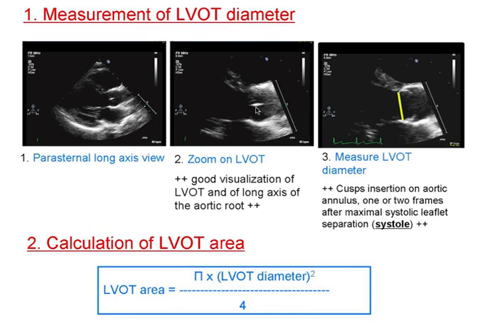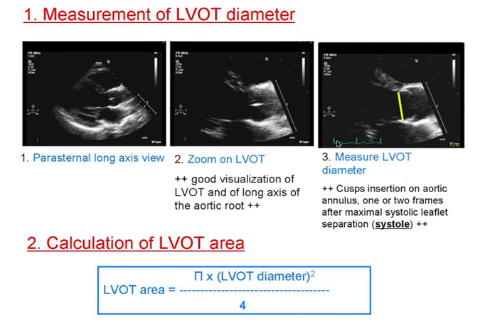When we see this little minus sign right here, see that? This is when the valve is closed. We want to scroll back to where the valve is open. And you measure at the bases or the cusps here of the aortic annulus. That's where you measure during systole, where you had maximal excursion of the aortic valve leaflets.